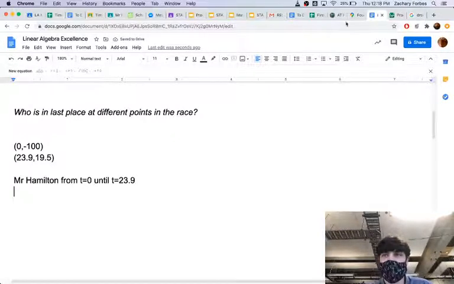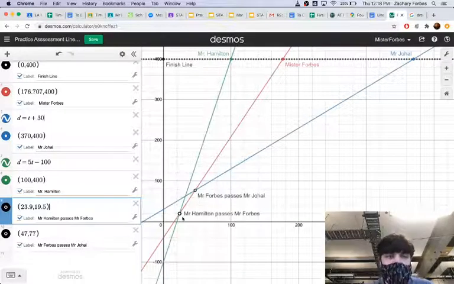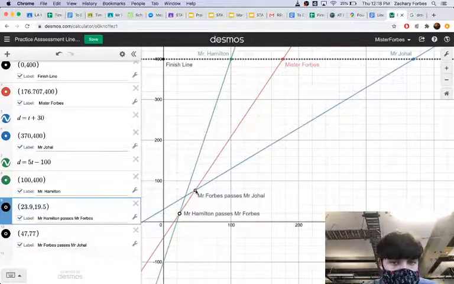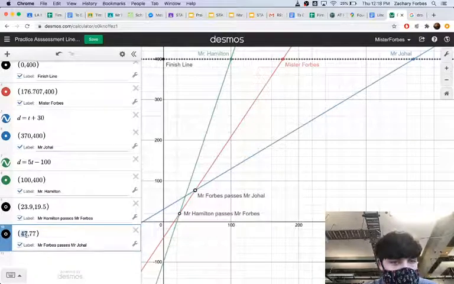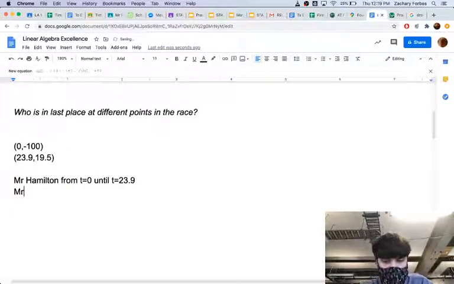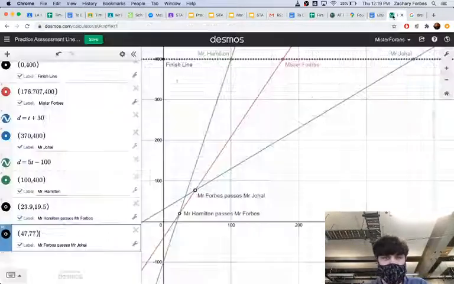Right, so now let's have a look at next. At 23.9 I am in last place, up until this point here when Mr. Forbes passes Mr. Jahal, and it's at t equals 47. So Mr. Forbes from t equals 23.9 until t equals 47.